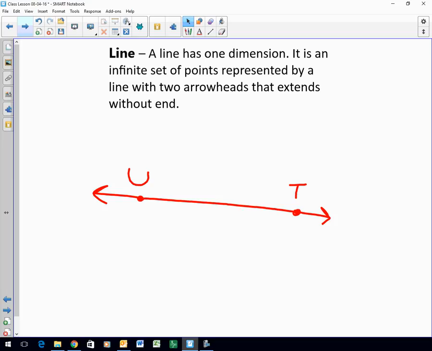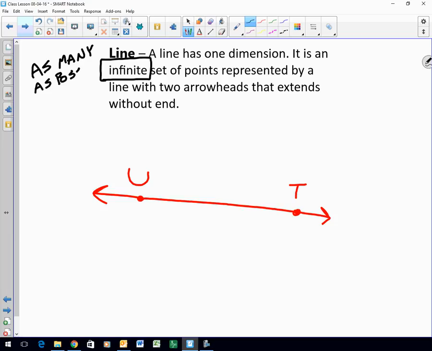Can I have more than one point on this line? Yeah. How many points can I have on this line? As many as I want. As many as possible. We'll test it.